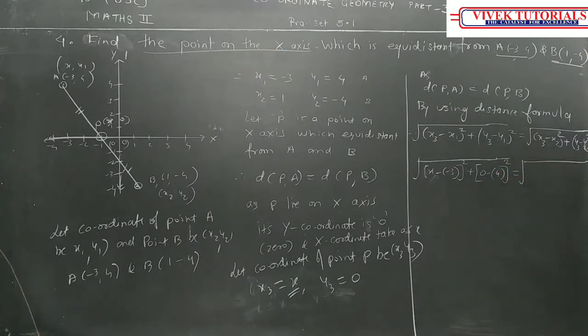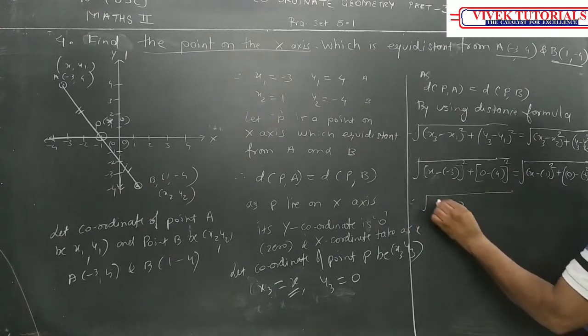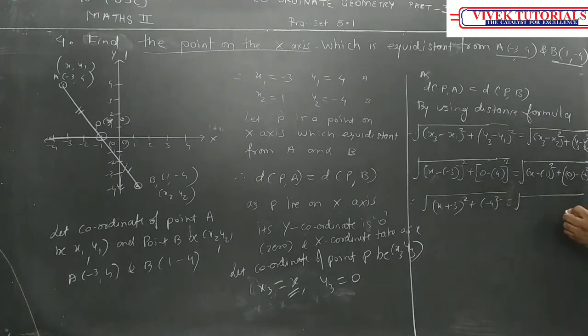In the other bracket, x3 is again x and x2 is 1 the whole square, y3 is 0 minus 4 the whole square. So therefore what I'll get, under root x plus 3 the whole square plus minus 4 the whole square is equal to x minus 1 the whole square plus minus 4 the whole square. Oh sorry, plus 4 the whole square.